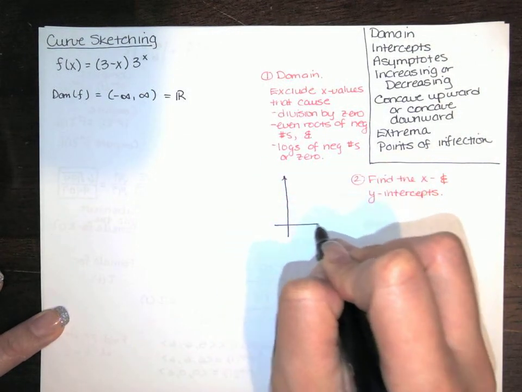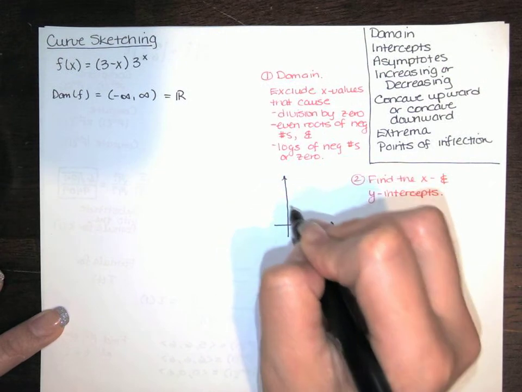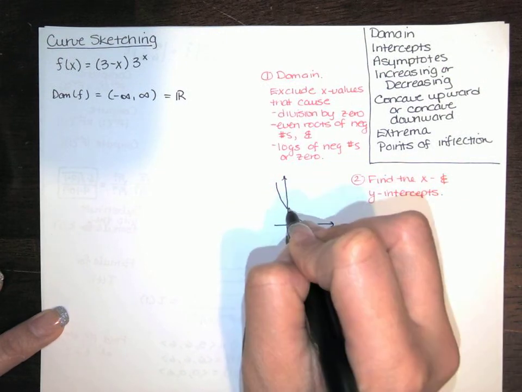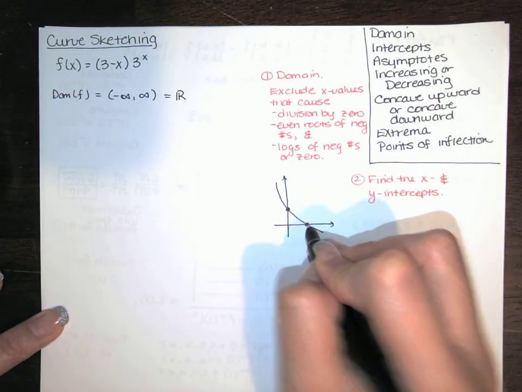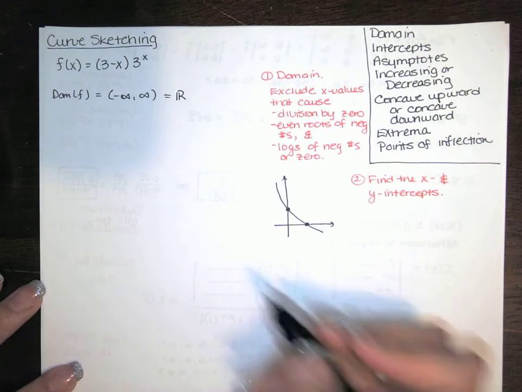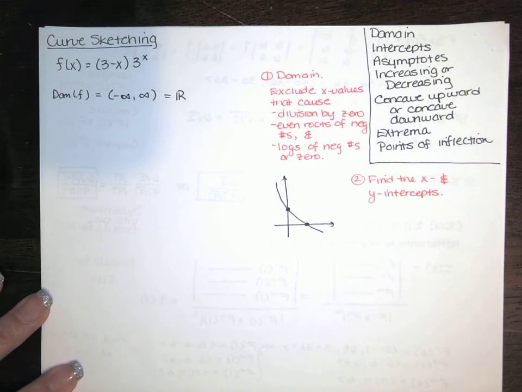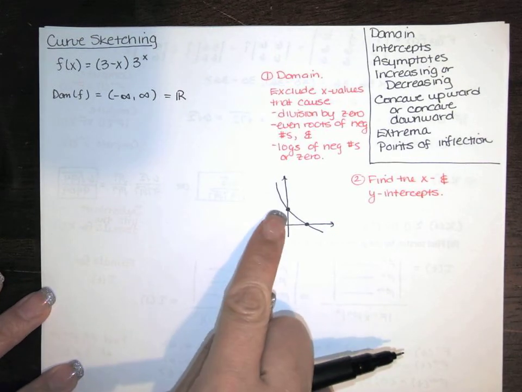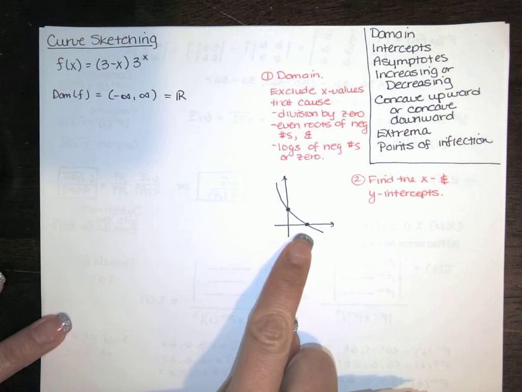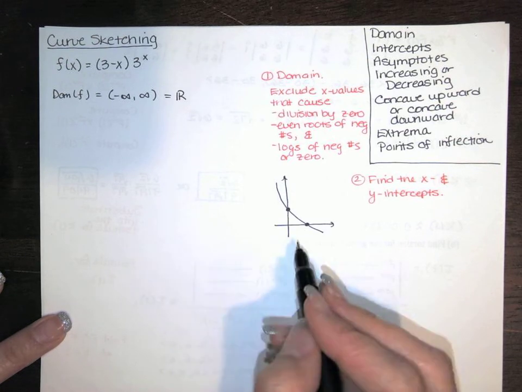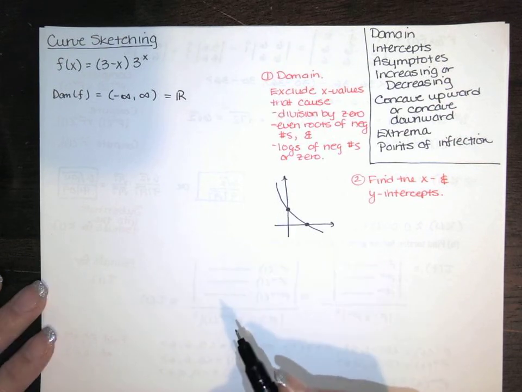If you've got a function and you're trying to figure out where the function crosses the y-axis and where the function crosses the x-axis, maybe it looks like this, maybe not. We're trying to find that y-intercept and that x-intercept, and usually we're talking about the ordered pairs, not just the x or y value.